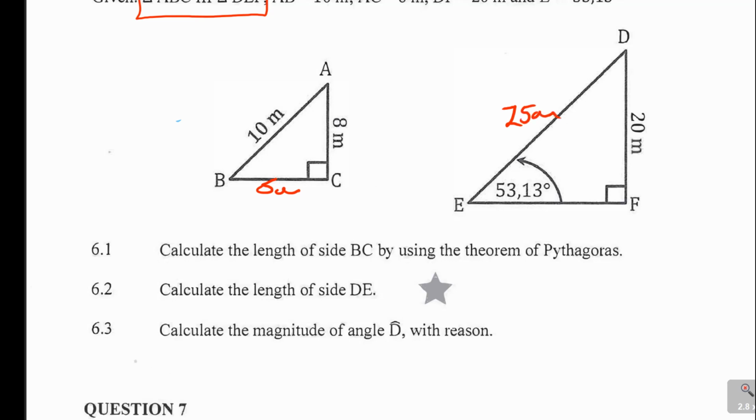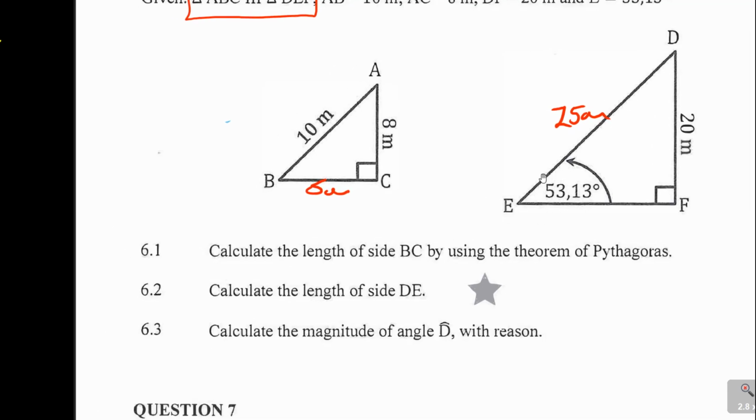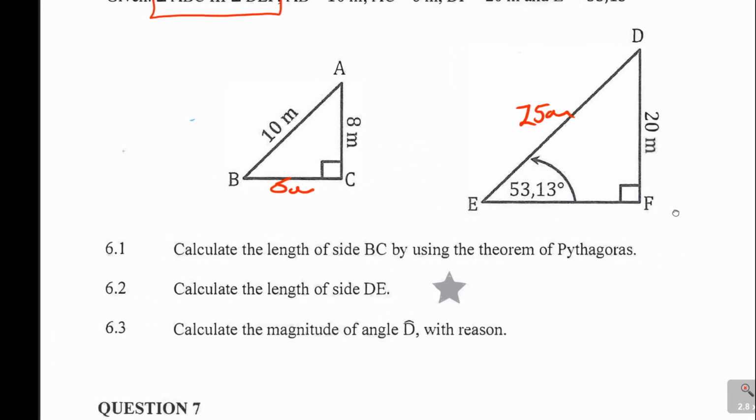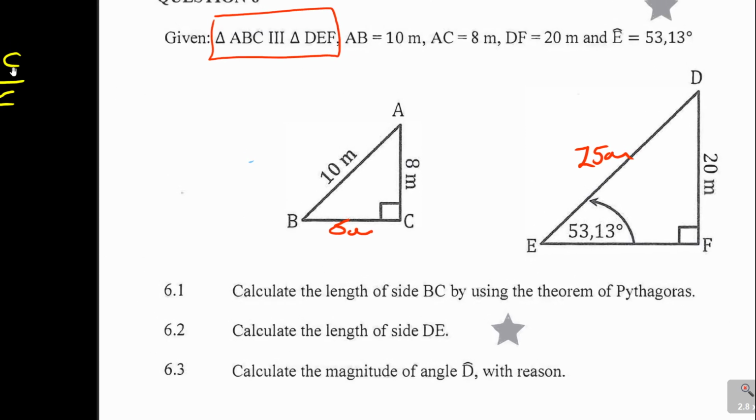Okay. Then 6.3 says calculate the magnitude of angle D with reasons. There were many ways of doing this. Sometimes you can go ahead and use SOHCAHTOA.